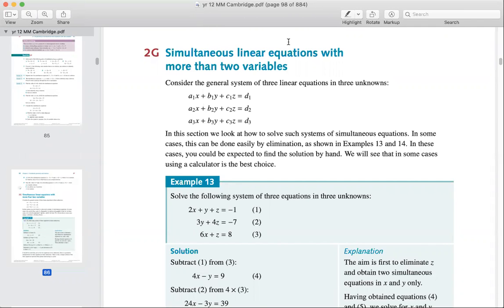So in chapter 2 we only have left these simultaneous linear equations with more than two variables. This one is not that important because it's just built on two linear equations. Now we have three, or we can have four, but once it's more than three, you basically just use CAS to help you solve the expressions or find the intersection.